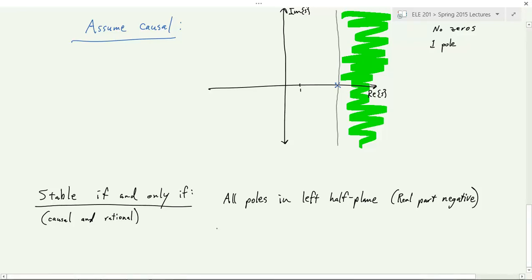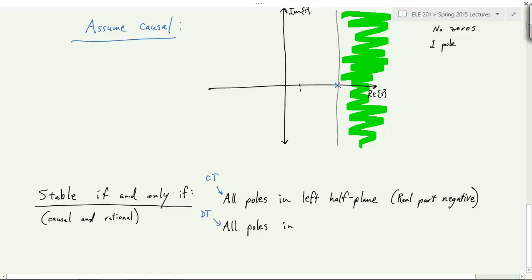Okay. What if it was, this is for continuous time. What if it was discrete time? Let's come up with the rule there about the poles. So the Z transform, all poles in, okay, so this is continuous time, and this is discrete time, meaning the Z transform.